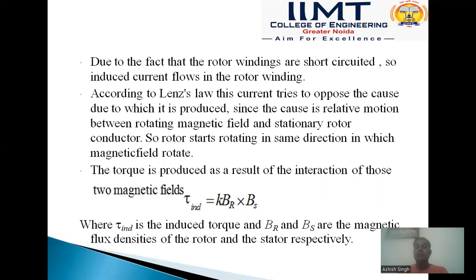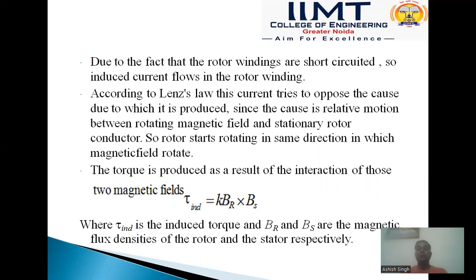Since the cause is the relative motion between the rotating magnetic field and the stationary rotor conductor, to oppose this cause, the rotor starts rotating in the same direction in which the rotating magnetic field rotates.